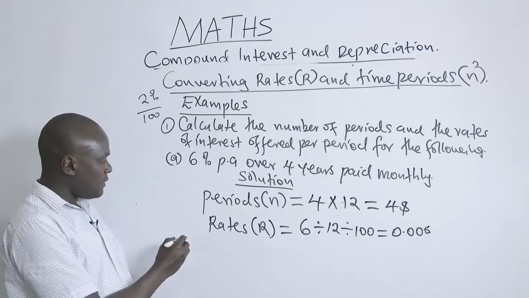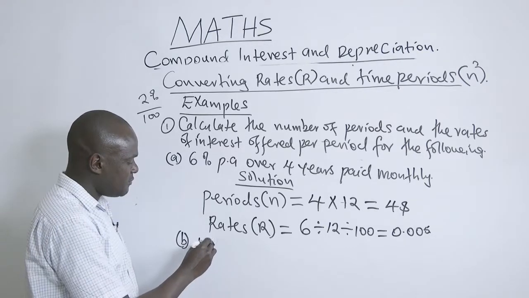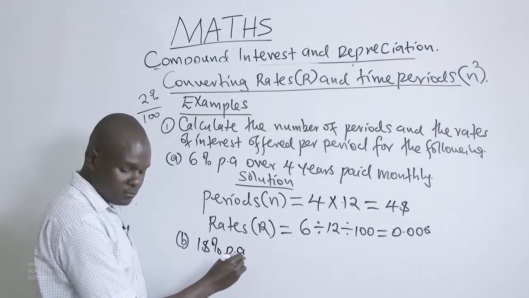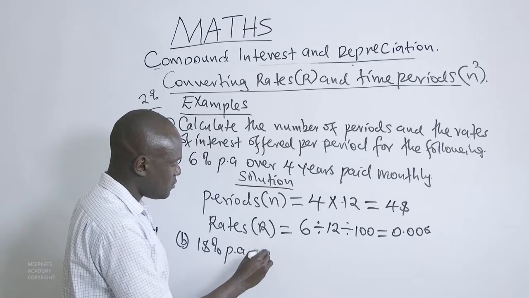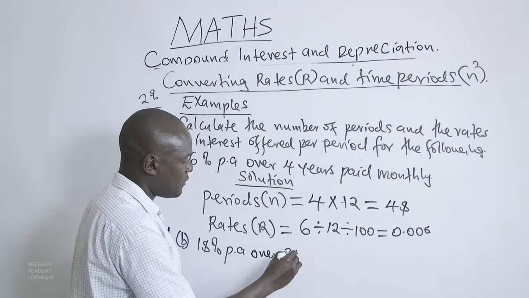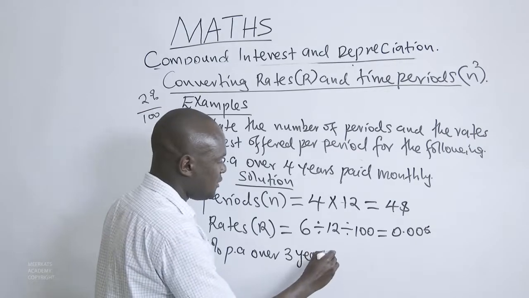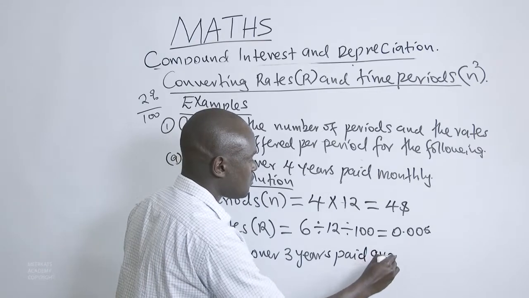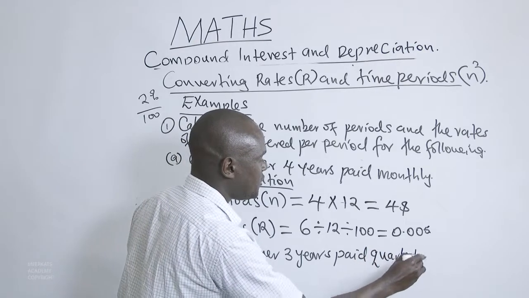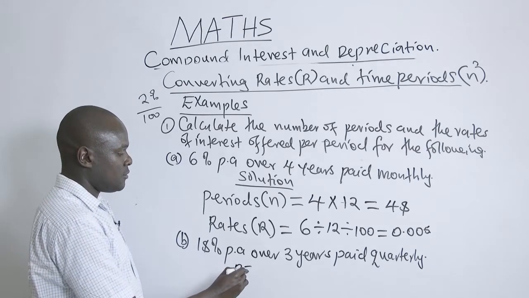Let us look at another example very fast. We have 18% per year over 3 years, paid quarterly.